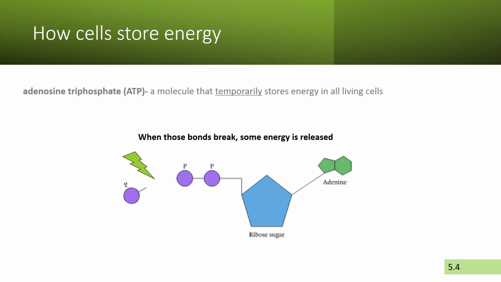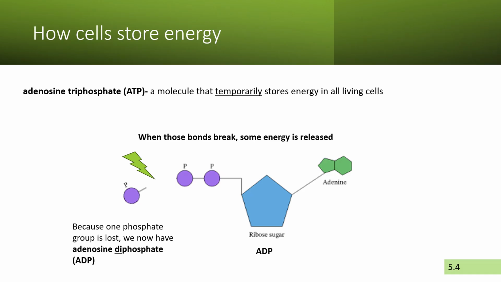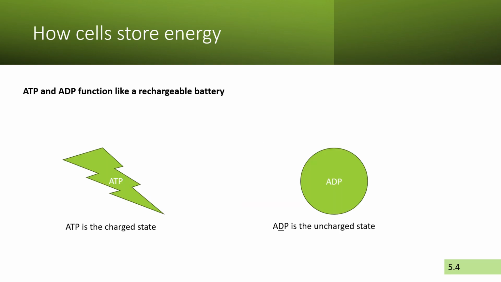And when these bonds are broken, some energy is released. Once one of these bonds breaks, we lose a phosphate group. We are left with adenosine diphosphate. Because of this, ATP and ADP work like a rechargeable battery.